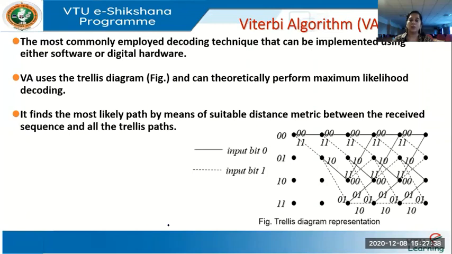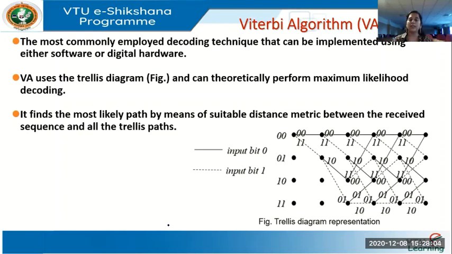So this is the most commonly employed decoding technique, which can either be implemented easily in hardware or software. It uses the trellis diagram as we know, and it can theoretically perform maximum likelihood decoding. It finds the most likely path through the trellis by using suitable distance metrics between the received sequence and all the trellis paths.